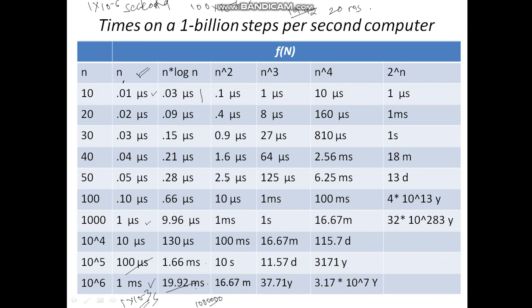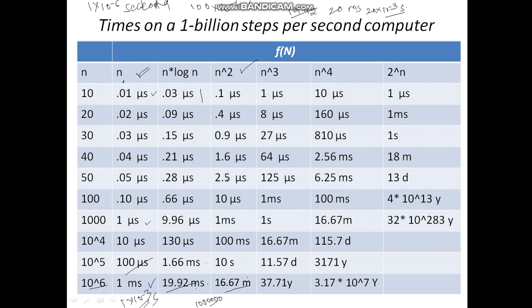So 20 milliseconds is 20 into 10 raised to minus 3 seconds, that is 20 multiplied by the 1000th part of a second. Whenever the growth is n square, at that time it is 16.67 minutes. Now it is not milliseconds, it's minutes. So for n square with 10 raised to 6 problem size, the time required is 16.67 minutes.